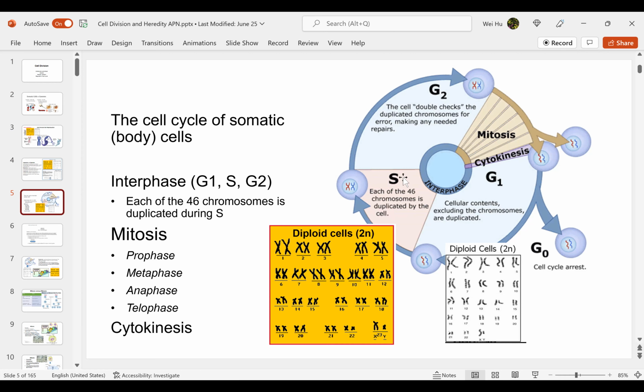If everything is all right, then you go to S. You duplicate your chromatids, so now each chromosome has two chromatids. The two sister chromatids should be identical because you're making a new copy from another one. Then you go to G2, and you double check the DNA, the contents, the cell size. If everything is normal, you go ahead for mitosis.